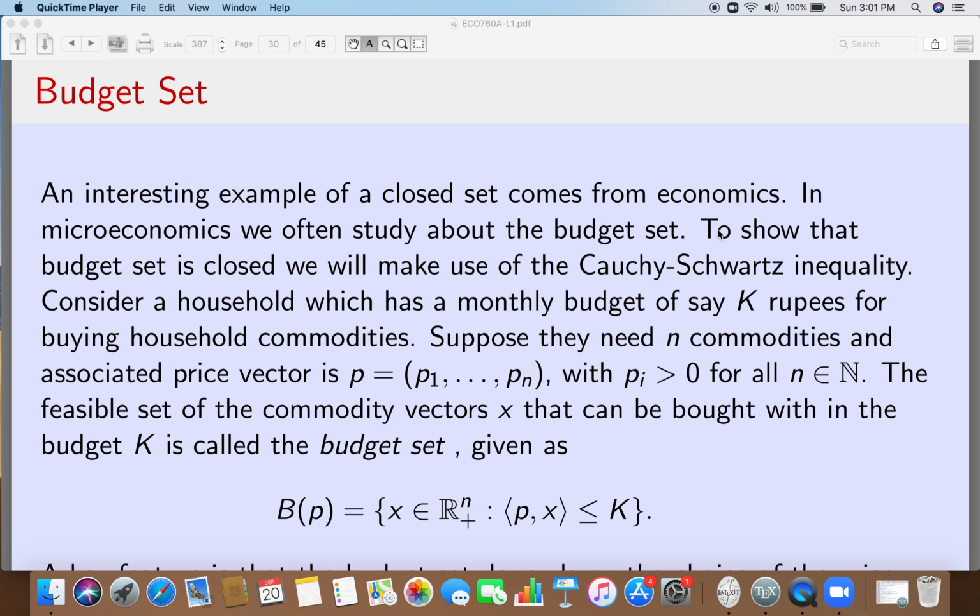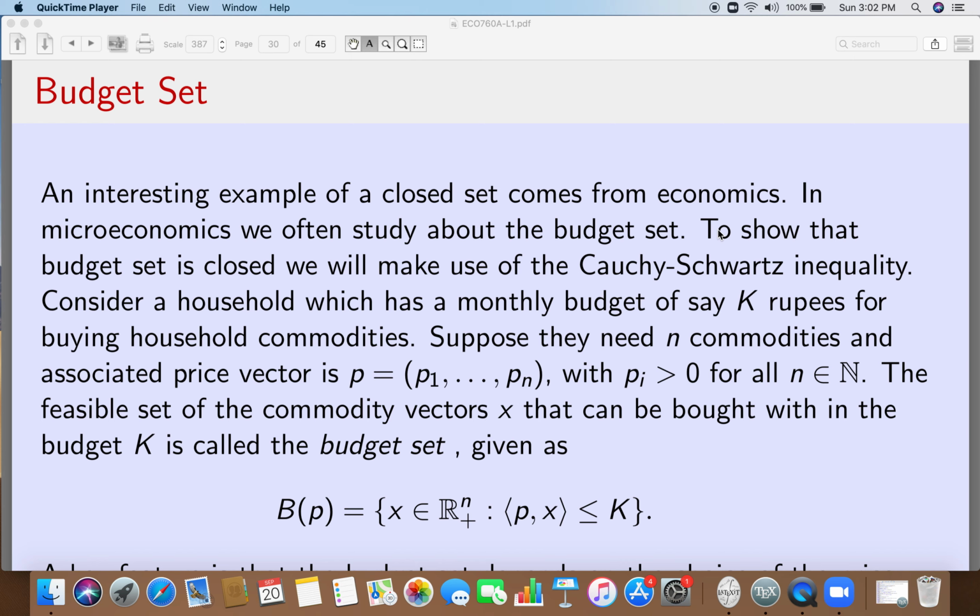I want to choose a commodity bundle for my daily, monthly usage. I know the individual prices of the commodities, price per unit quantity. So the price vector P consists of n entries, P1, P2, up to Pn, where P1 is the unit price of the first commodity and Pn is the unit price of the nth commodity, and all of them are strictly greater than 0. We don't take the price Pi equal to 0 because nobody will give us anything free. That's quite a rational assumption.